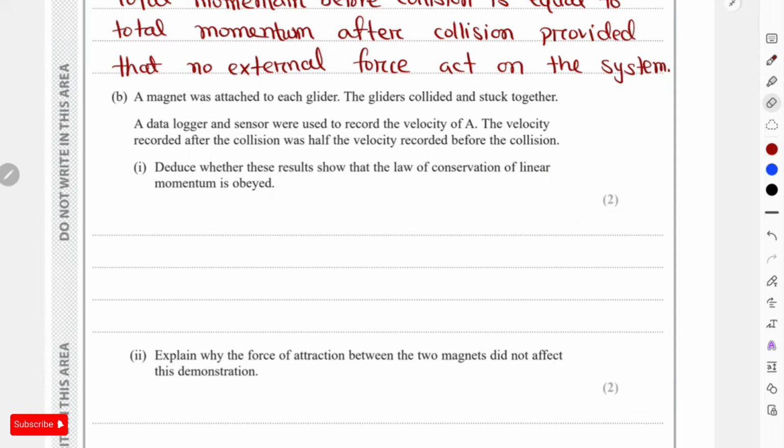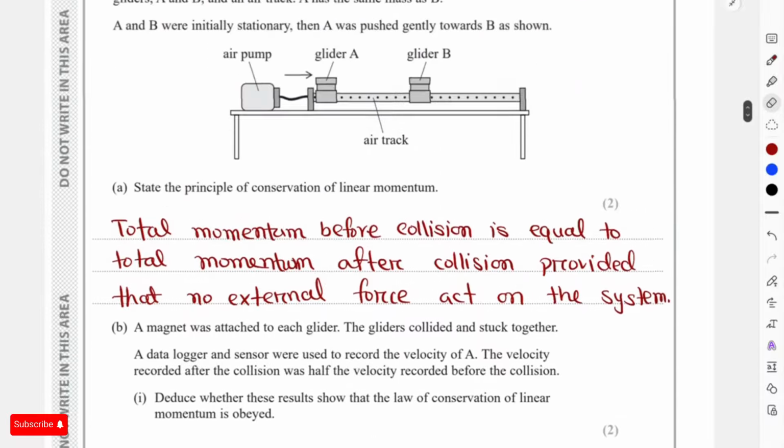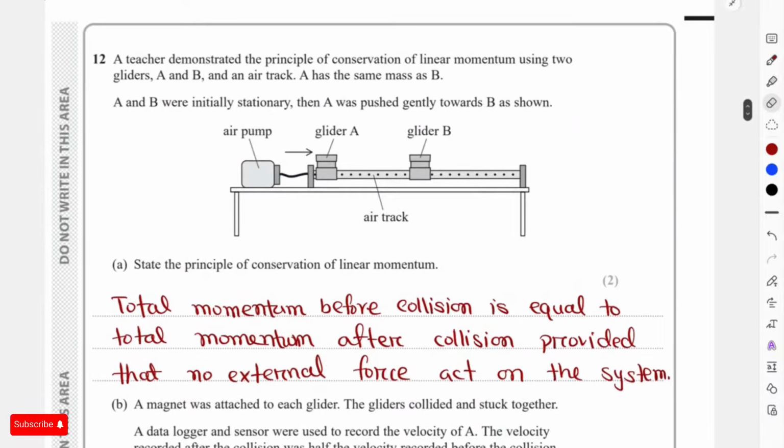That is, initial momentum of A was equal to the final momentum of A plus final momentum of B. The teacher demonstrated the principle of conservation of linear momentum using A and B. A and B were initially stationary, then A was pushed gently towards B as shown, right?